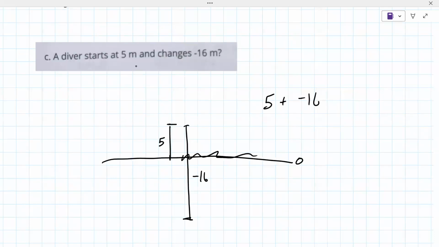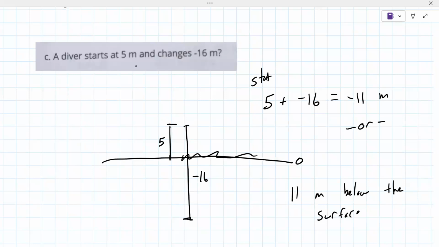It's always the start plus the change. Minus 11. Yeah, so there's two answers. There's minus 11 meters, or you could say 11 meters below the surface. Is that okay? Yeah. All right.